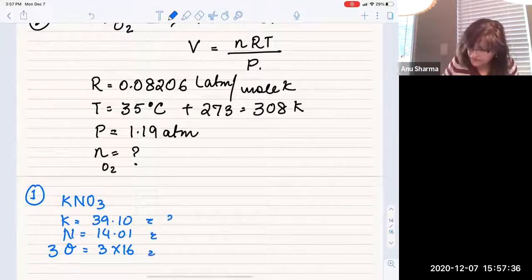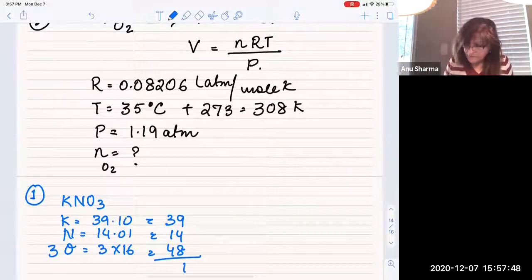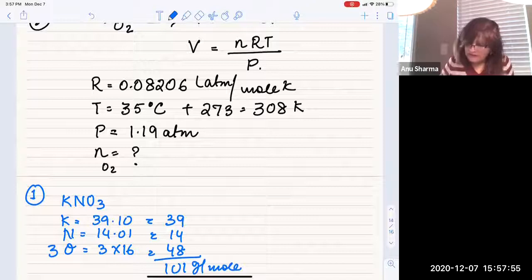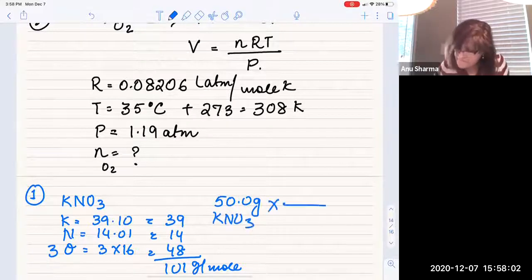So here we have 39 plus 14 plus 48, and we get 101 grams per mole. Very good. So let's take 50 grams of KNO3 times 1 mole over 101 grams of KNO3.